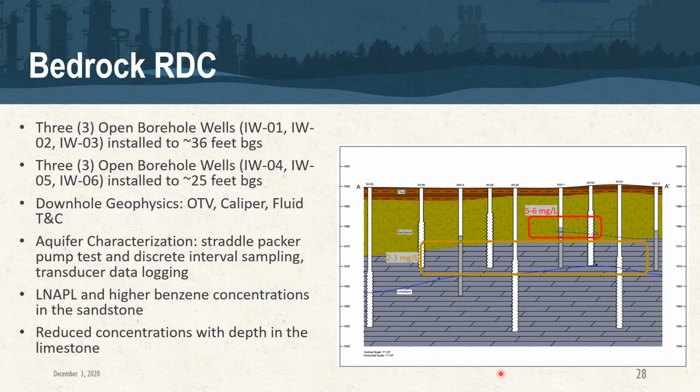And looking at the cross-sectional conceptual model here, LNAPL and higher benzene concentrations showed themselves to be prevalent within the sandstone component overlying the limestone component directly below that, with a lower level concentration present.